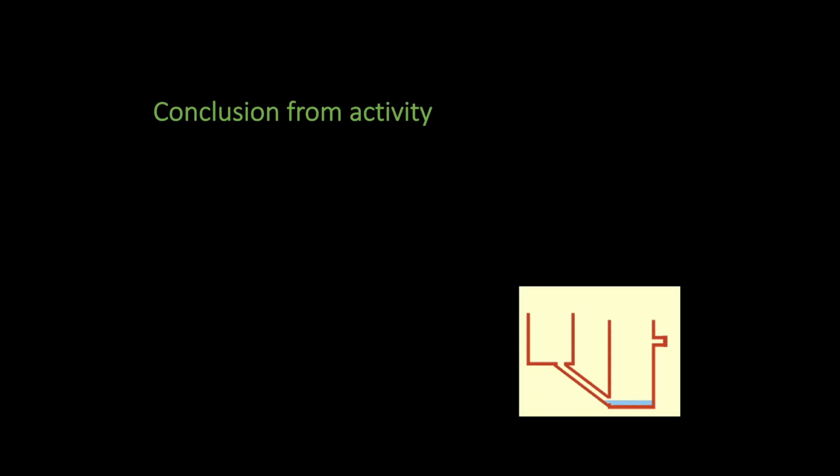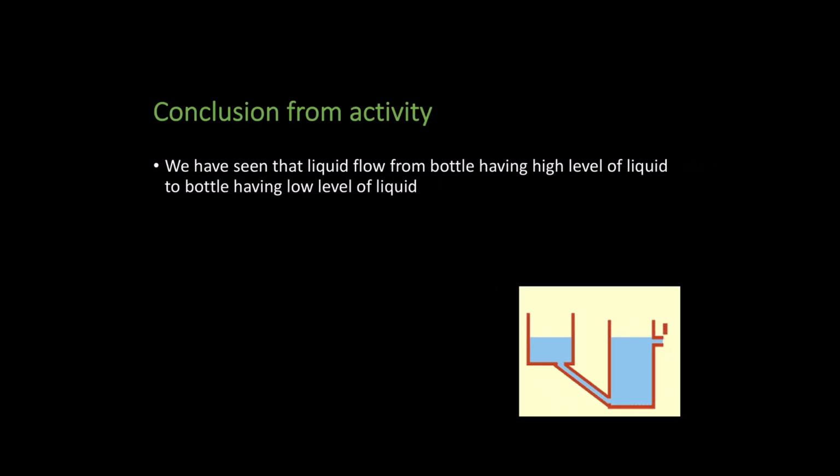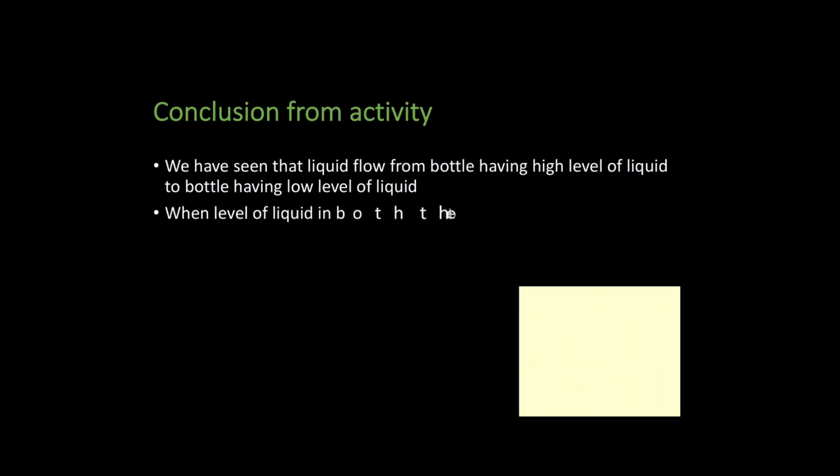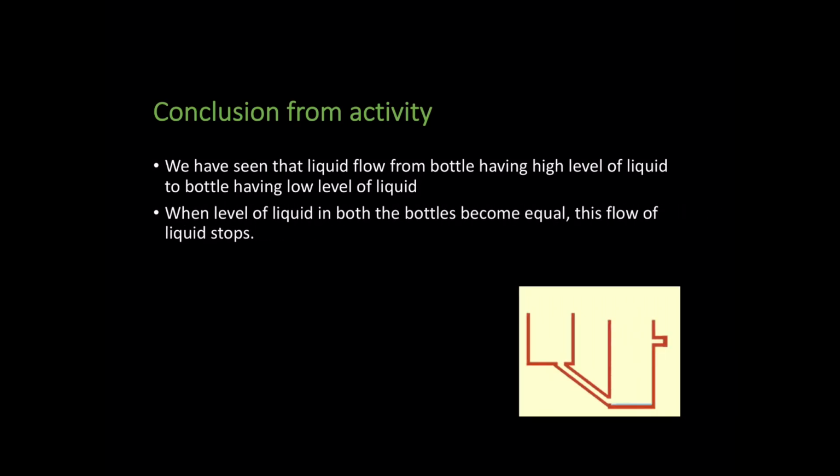As we have seen in the activity, liquid flows from the bottle which has a higher level of liquid to the other bottle which has a relatively lower level of liquid. So from here we can easily conclude that water always flows from higher level to lower level, and this flow stops when the level of liquid in both the containers becomes equal.